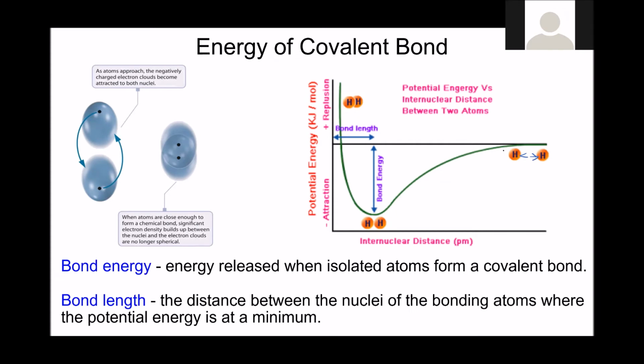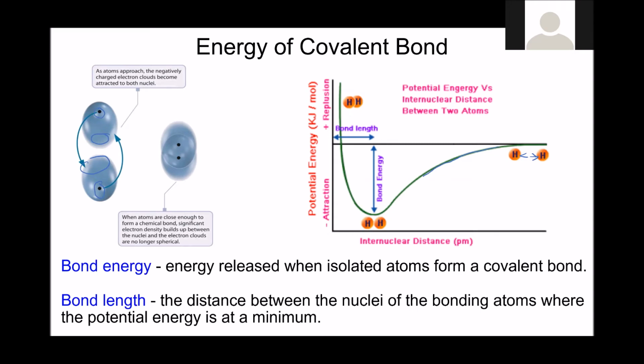But when they move closer to each other, the nucleus of atom 1 will attract the electron cloud of atom 2. And the nucleus of atom 2 will attract the electron cloud of atom 1. So that's an attraction force that will cause them to move even closer. And since it's an attraction force, it's actually lowering the energy of the system. So as they get closer, the energy will keep going down and down further.